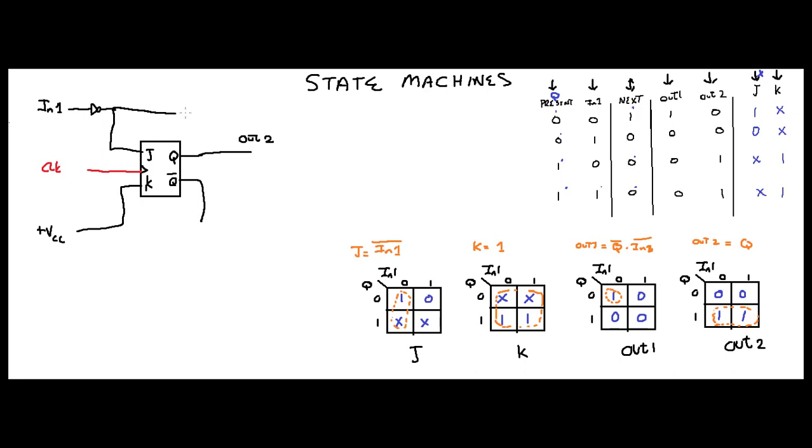This may not be as pretty as I had hoped. So it's in1 bar here and Q bar here. And they'll come out like this. And then we got to AND them, because it's an AND gate. We're going to AND them, and this is going to be your out 1. Get it?